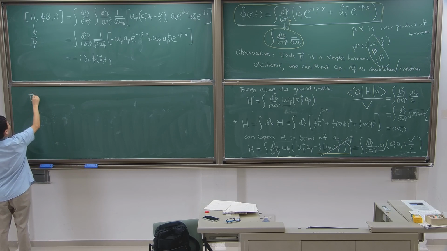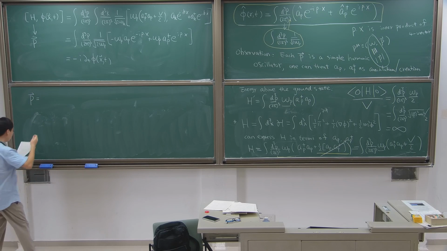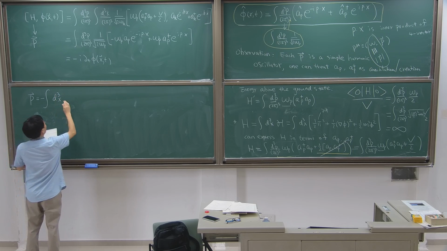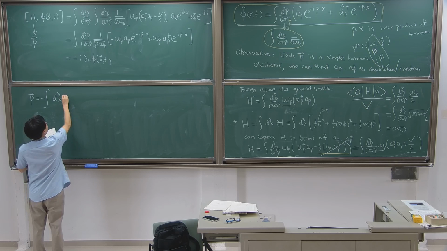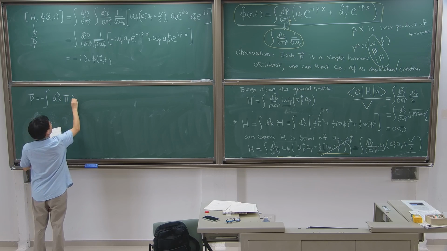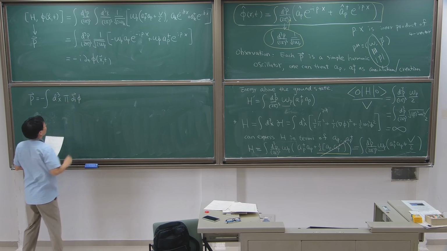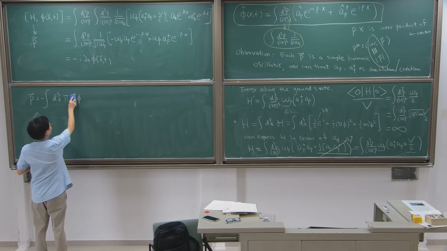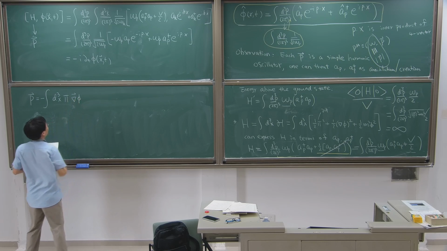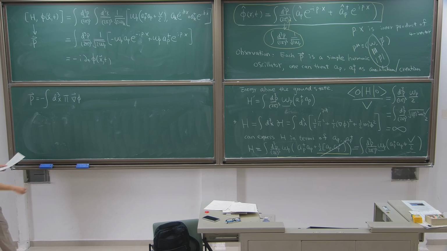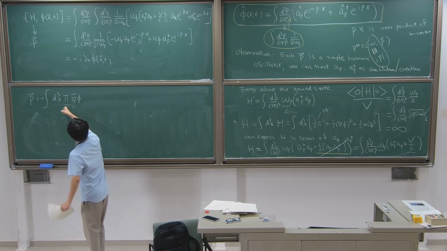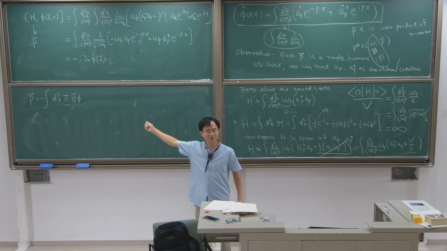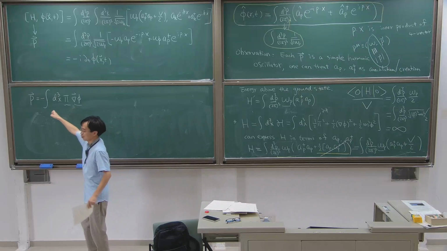Last week we got a formula where the momentum is expressed as the x integral over some T0i, which is basically pi times partial i phi. So now we know both pi and phi. You plug in the operator definitions for pi and phi, then you will be able to get the operator definition for P.